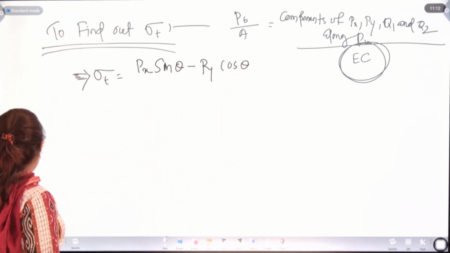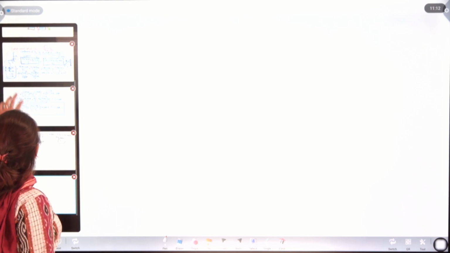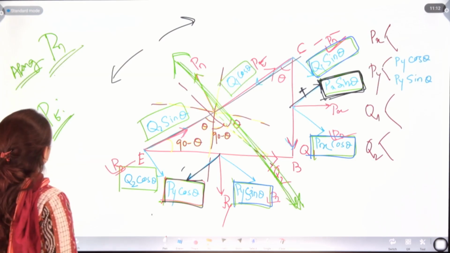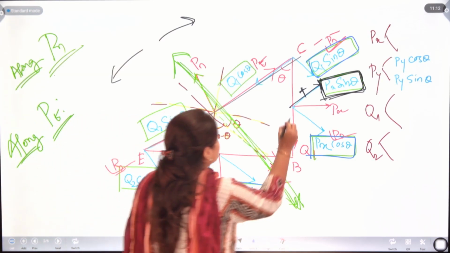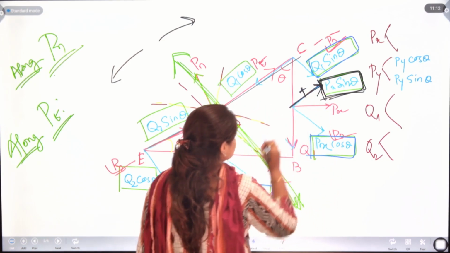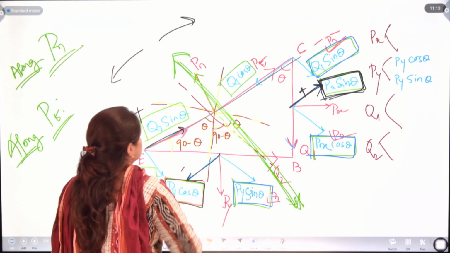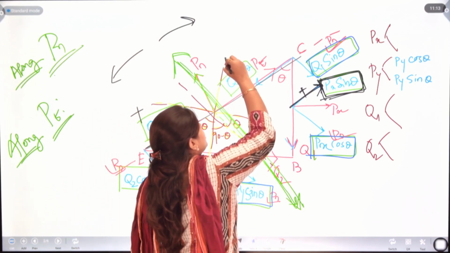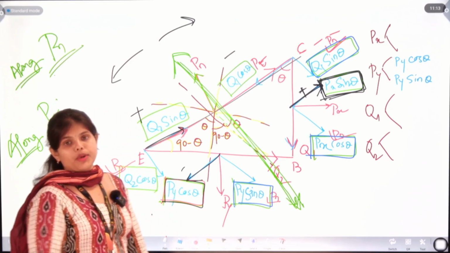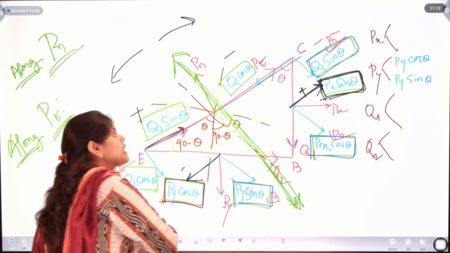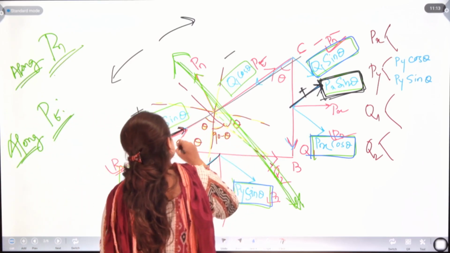Again, here we are taking this direction as positive. So this Q2 sin theta will be positive and this Q1 cos theta will be negative. Okay, for better understanding, let's take one direction as positive.